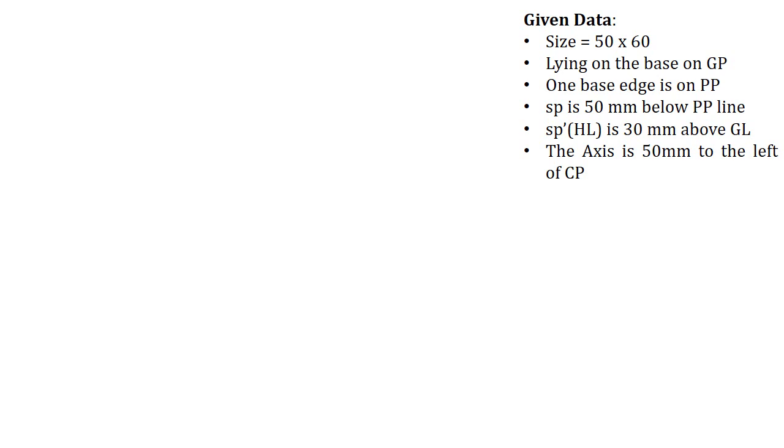These are the given data in this problem. The size of the pyramid is 50 by 60, that is 50 mm base edge and 60 mm height, and it is lying on its base on GP with one base edge on PP. That means you can see the true shape of the base in top view, not in front view like the previous problem.